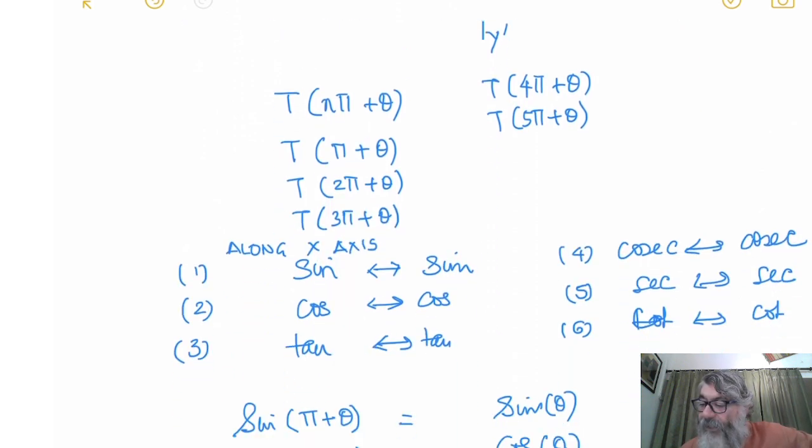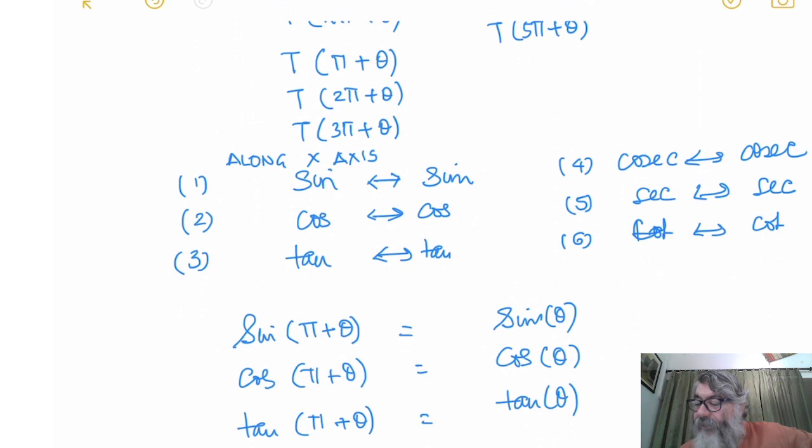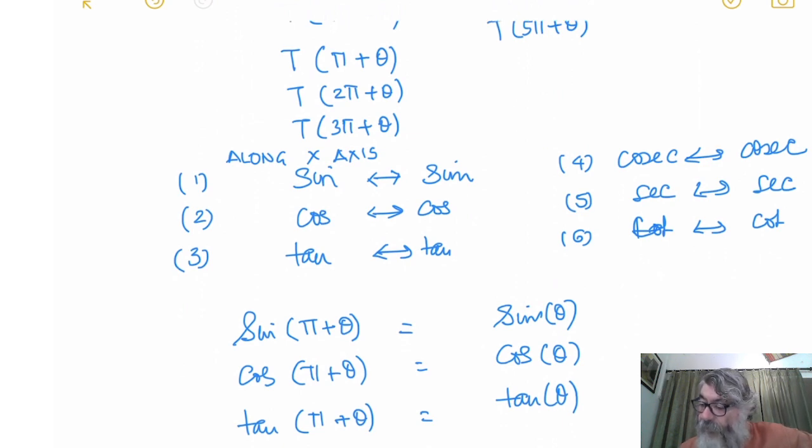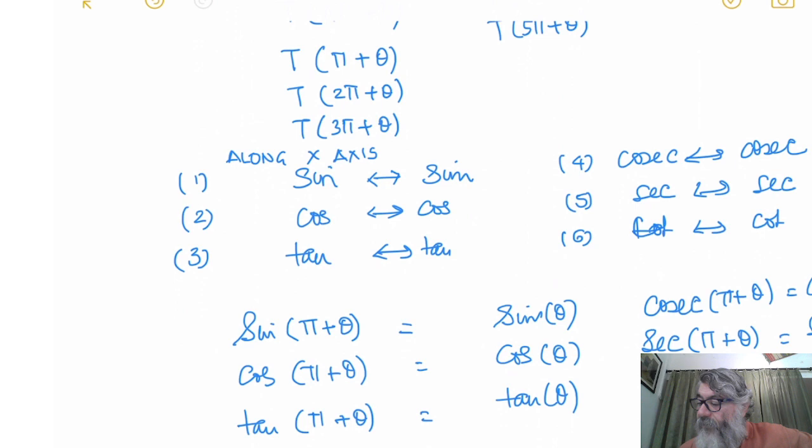When we did that, sine remains sine, cos remains cos, tan remains tan, and cosec pi plus theta will remain cosec theta, sec pi plus theta will remain sec theta, and cot pi plus theta will remain cot theta.